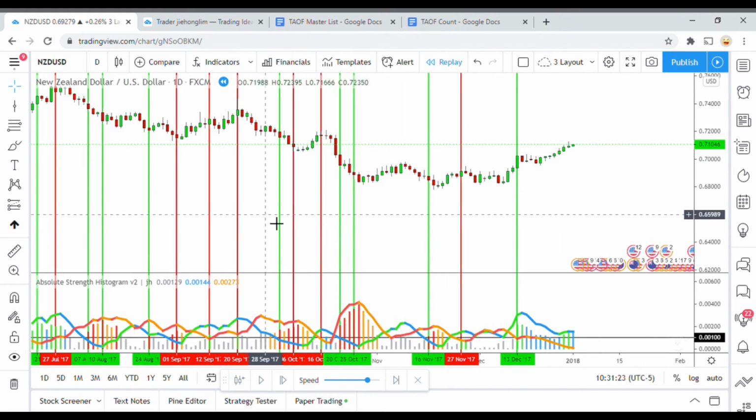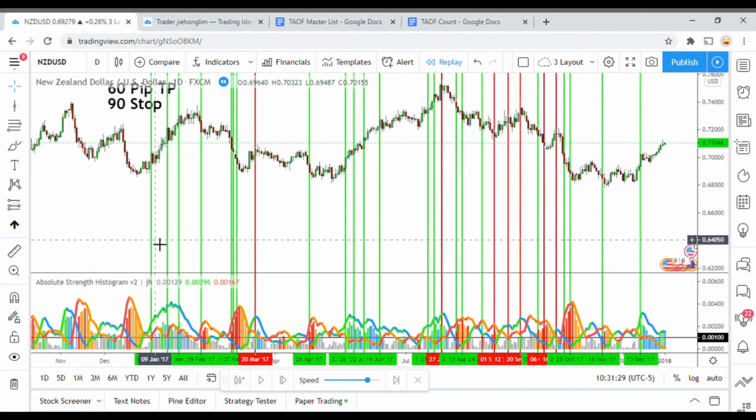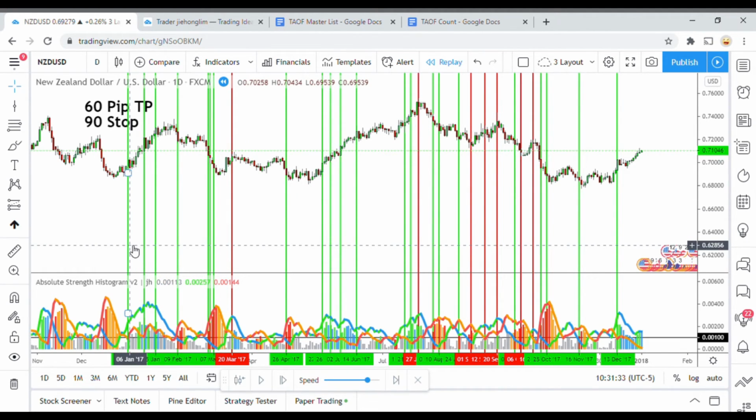Let's see, moving along. There. Okay. That's what it looks like if we would have gotten rid of the trades that were filtered out by our little additional line here. And so let's do a little bit of calculation on this one.